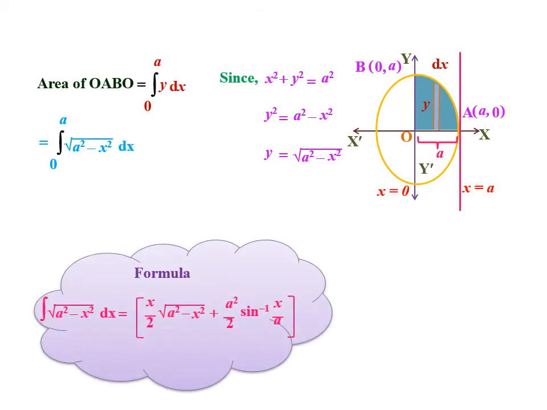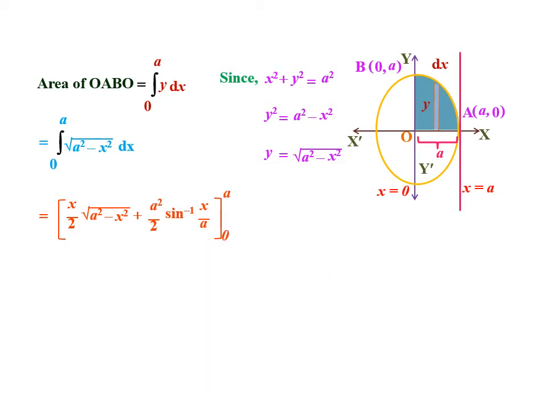By using the formula for the integral of root of a square minus x square, we get x upon 2 root of a square minus x square plus a square upon 2 sine inverse x by a. So on simplifying, we get x upon 2 root of a square minus x square plus a square by 2 sine inverse x by a, evaluated from 0 to a.